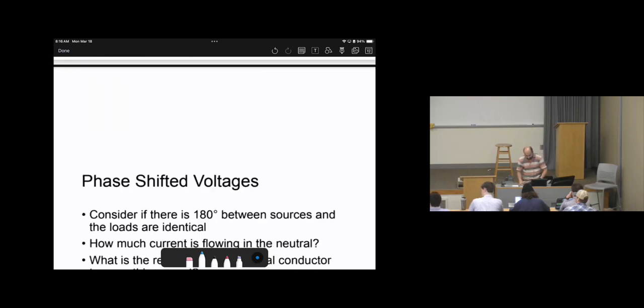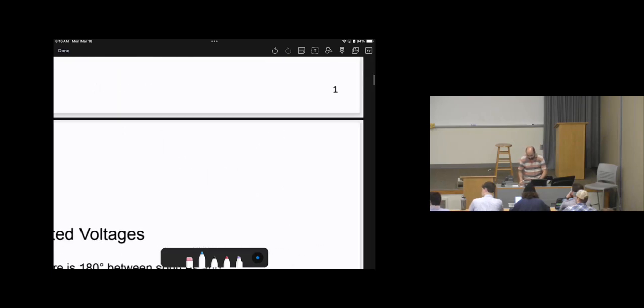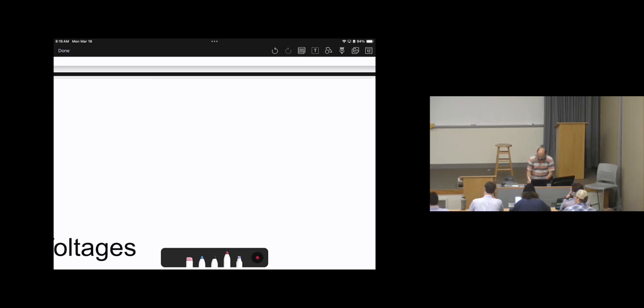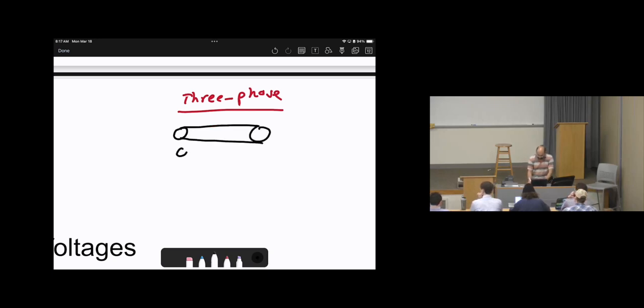Okay, what does 3-phase mean? In 3-phase, we can have 3 conductors and 1 neutral.